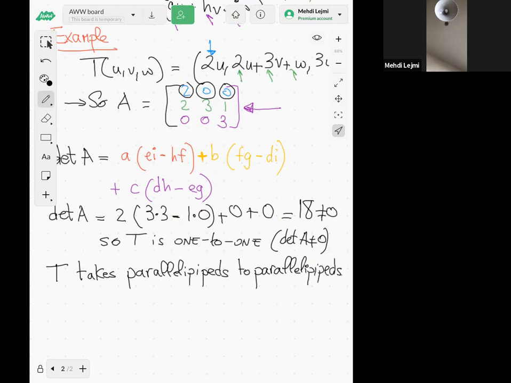So what do I mean by parallelepipeds? Well, it's just sort of a box in the space. So you're going to have something like this here.